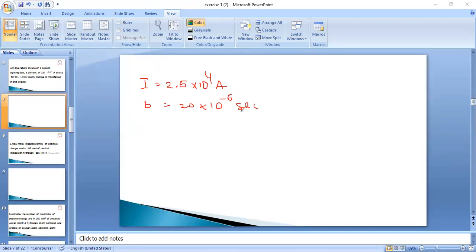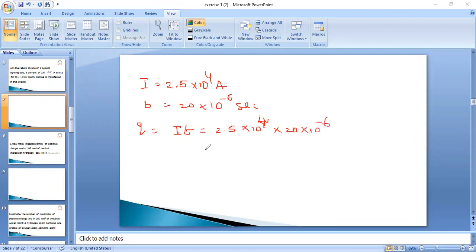And they are asking us to calculate how much charge is transferred. So the charge transferred is nothing but current into time. Charge is equal to current into time. If you substitute the given values, 2.5 × 10^4 × 20 × 10^-6.